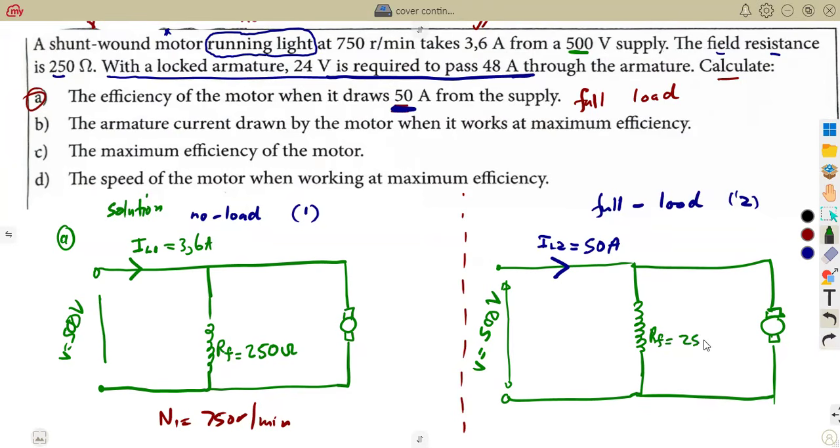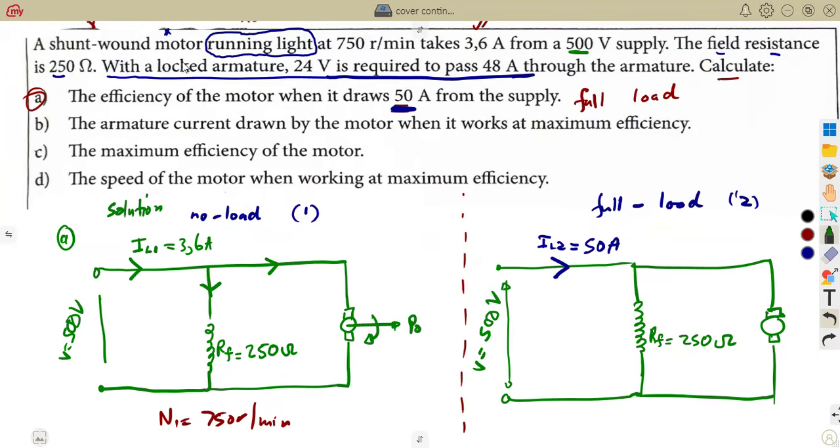That is 250 ohms. Okay, so as we do understand, this current as it enters distributes another current in the field and another current to the armature, because the motor takes in the current. So where we are going to have our output, this and that.